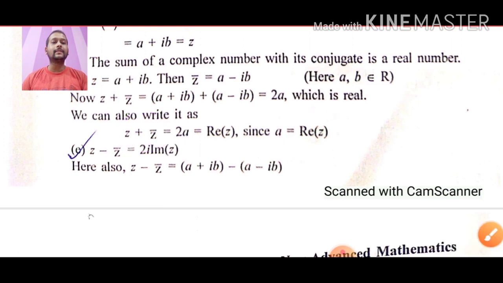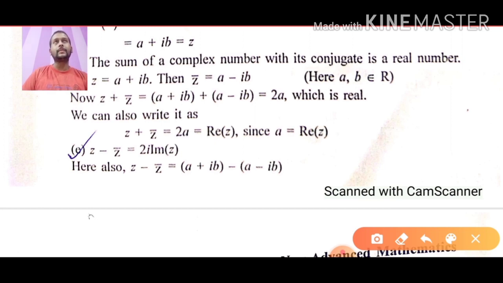And when we subtract the conjugate numbers, the imaginary part will double and the real part will cancel. You see this one: this a and this a will cancel each other.